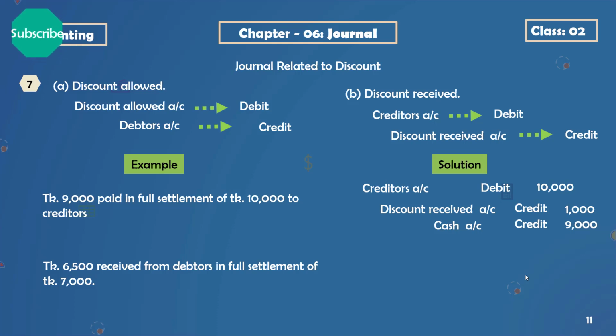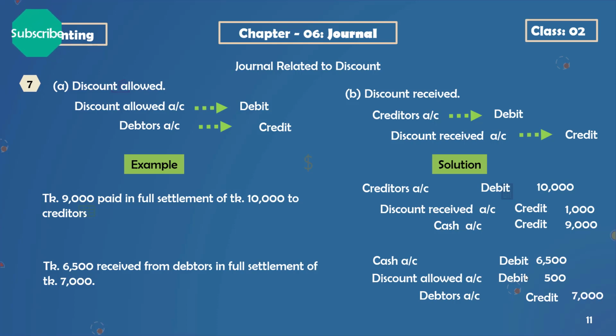So discount allowed must be debited, and cash that you received from your debtors must also be debited, and your debtors who paid his debt to you must be credited. So the journal entry: cash account debit for the amount you received, and discount allowed account debit that you allowed to your debtors, and debtors account must be credited because he or she paid your debt. It will reduce the debtors account, so debtors account credit 7,000.